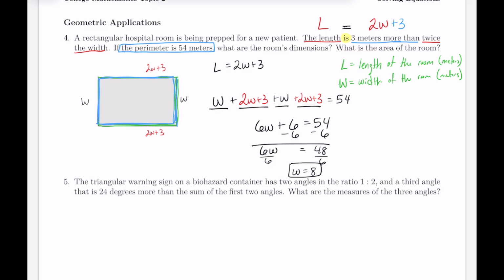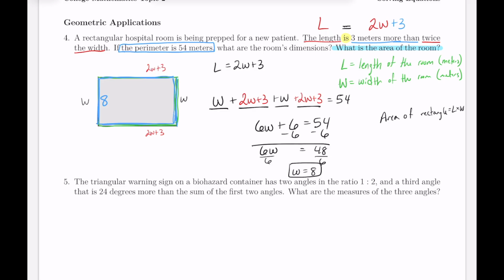The question is, what is the area of the room? Now, hopefully you know how to find the area of a rectangle, and if you don't, then this is as good a time as any. The area of a rectangle is just length times width. That's all. I know the width. My width is 8.